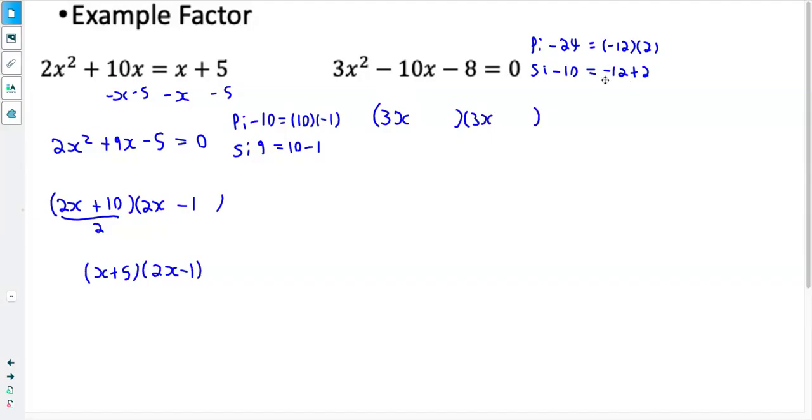And then we have minus 12 and plus 2. So now we have to divide the a in front out of one of these. We can see this one would give us a fraction, this one doesn't, so we'll divide it out of this one. So that gives us x minus 4 times 3x plus 2.